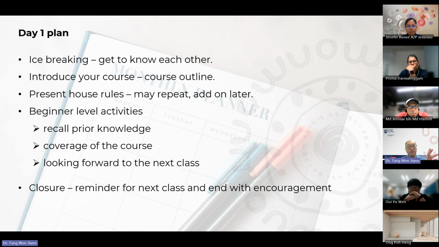We use that knowledge as an activity for them to get to know more about what they signed up for this semester. It can be a recall coverage of the course, so that they can look forward to the next class.